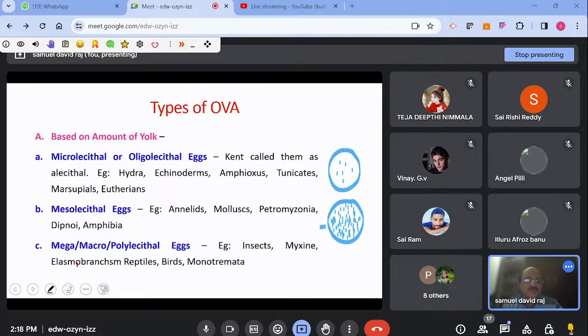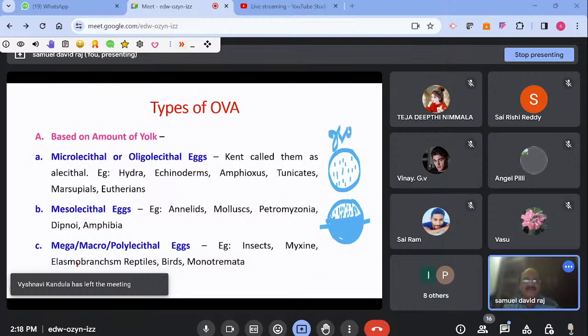Even in the vegetal pole, if this is the equator, the yolk is present above the equator in large amounts, and towards the animal pole it is in lesser amounts compared to the vegetal pole. Whereas in microlecithal, it is uniformly distributed, though it is less. Hence these are also called isolecithal eggs, and these moderately telolecithal eggs.